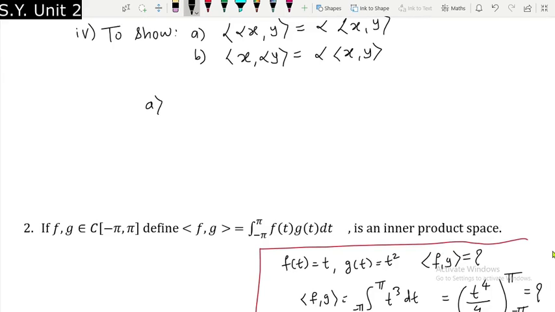So for the a part, first of all I'll write down alpha x as it will be needed. So alpha x will be alpha x1 comma alpha x2.